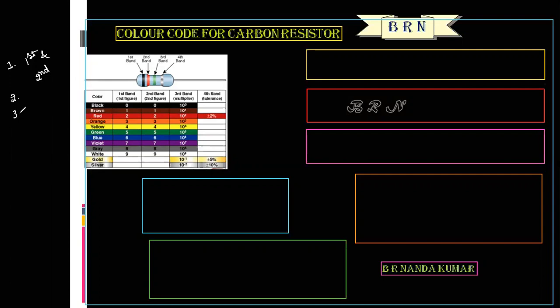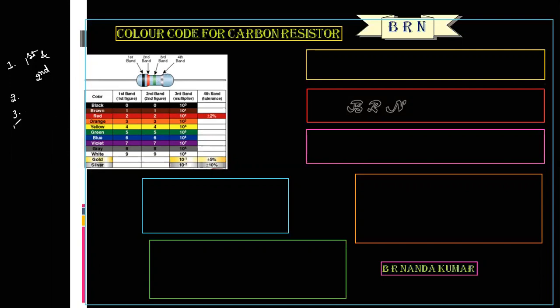And the third very important point is that the color of the fourth band indicates tolerance.